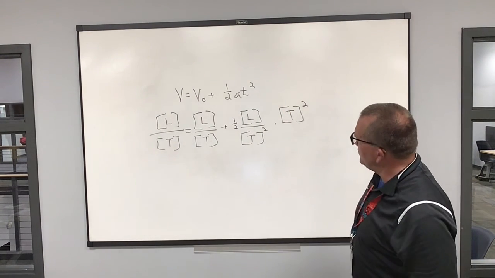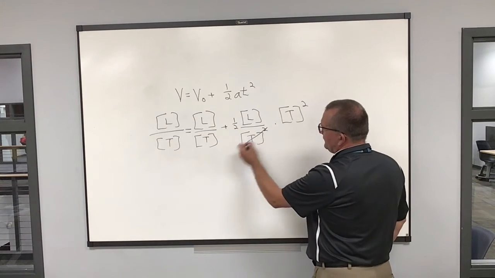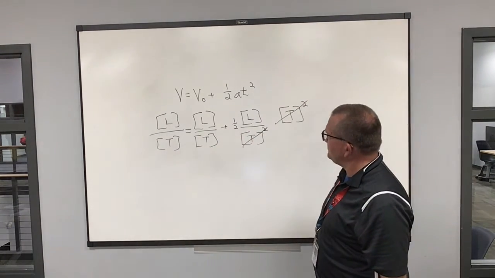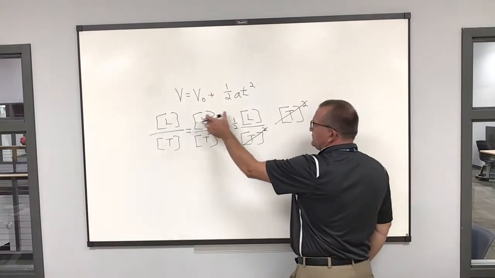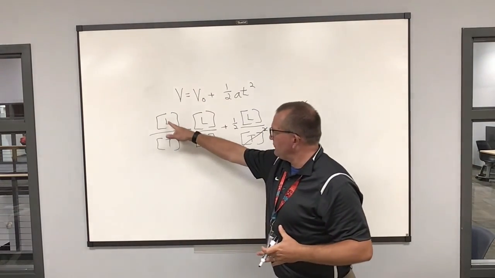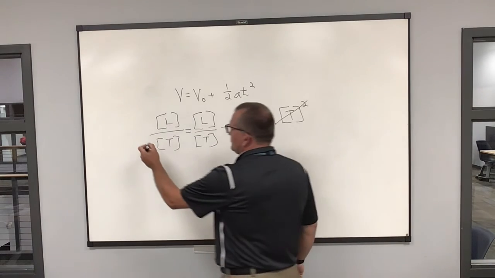Now, when we look at the algebra here, these cancel. So we're taking length over time plus 1/2 length. These units don't match. That means we can't add them together, and our answer would not be in length over time units.